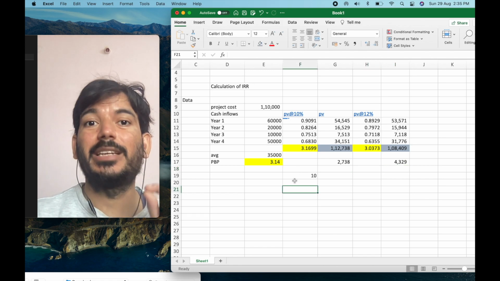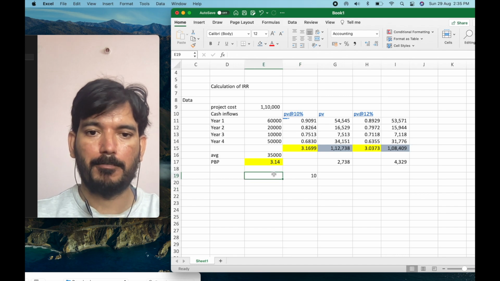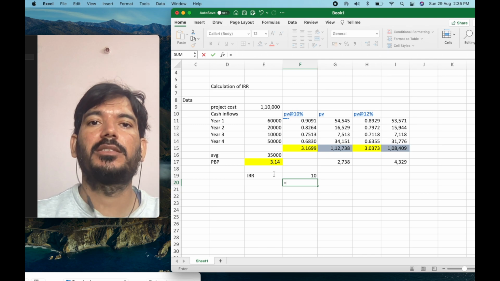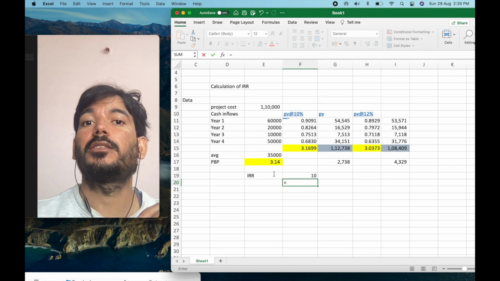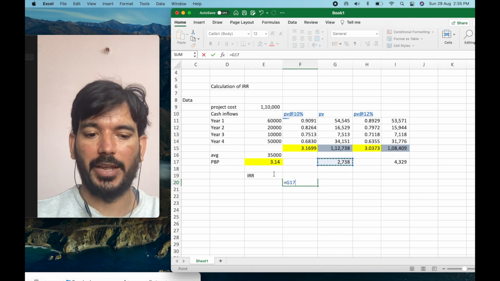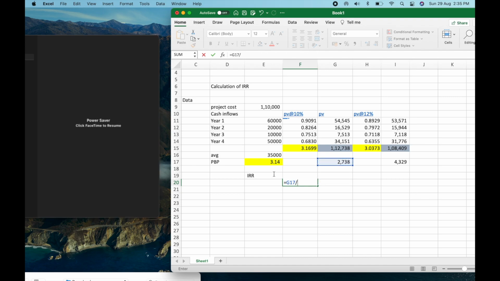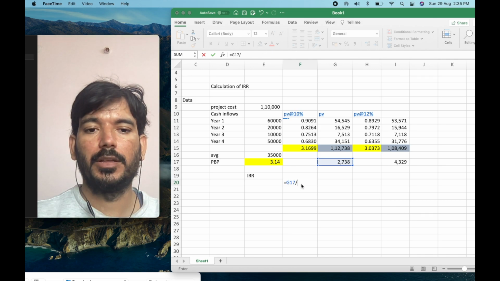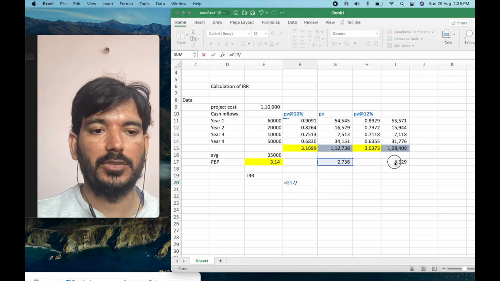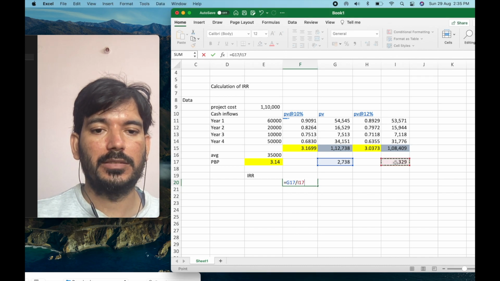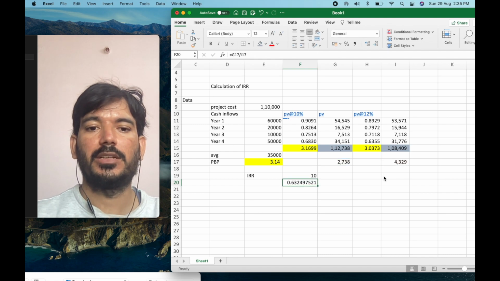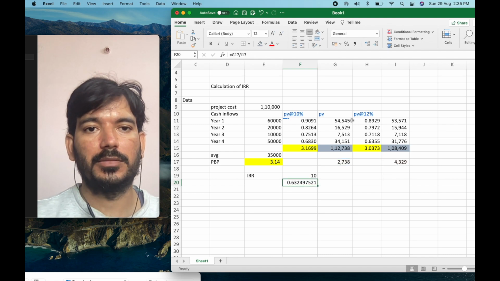So our IRR will be 10%, that is the minimum, plus the difference between the value that we wanted and the value that we achieved, 2738, divided by the difference between the two values, 4329.